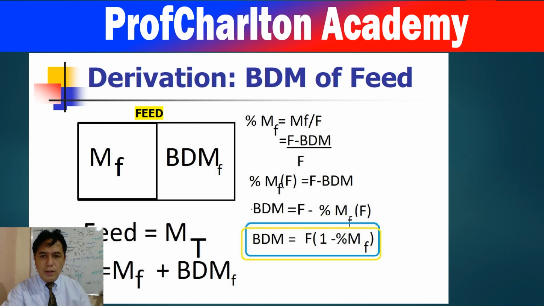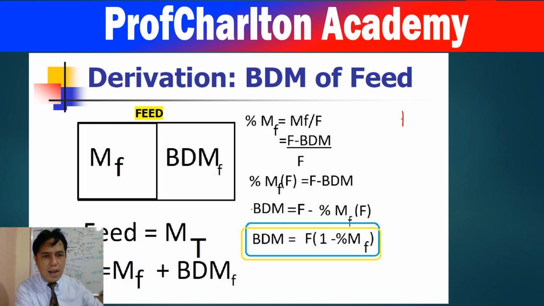There is this component of the feed. Here is the mass flow of feed, and this is the bone dry mass of feed. Mass of feed and bone dry mass of feed. That is the section wherein the feed is decomposed.